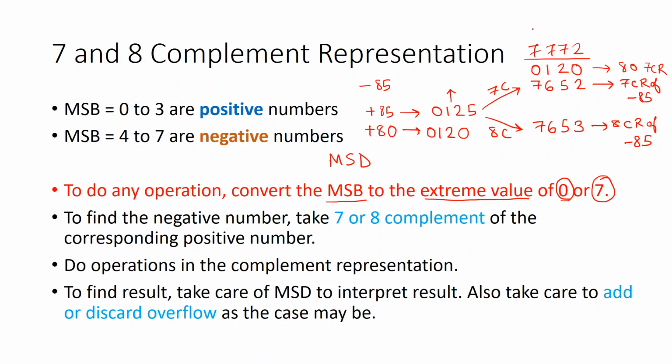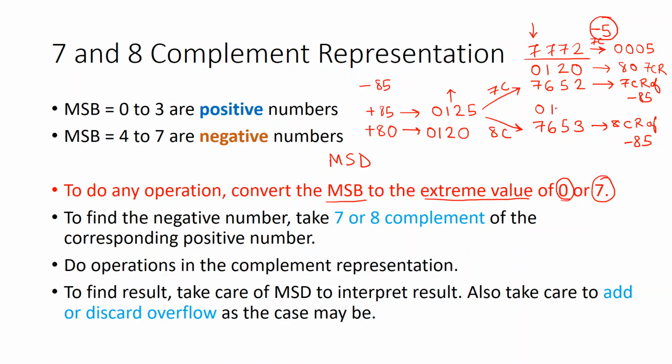So this is the 7 complement representation of the result. Now I have to look at the MSD. MSD is 7, so it is a negative quantity. Minus, you put already down. But you have to know the magnitude. To know the magnitude, you have to take the 7's complement of this number and find out the corresponding positive number. And when you do that, very easily it comes out to be 5. So the magnitude you can evaluate from there, and you get minus 5, the result.